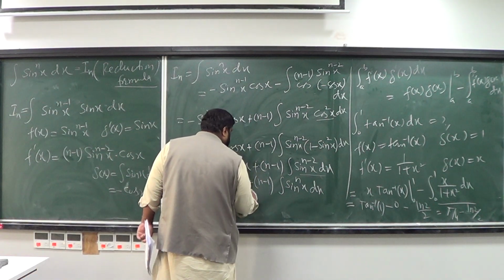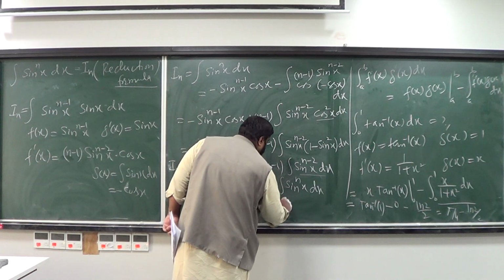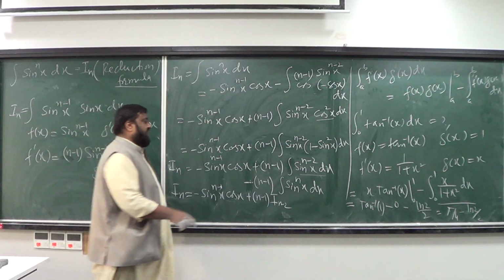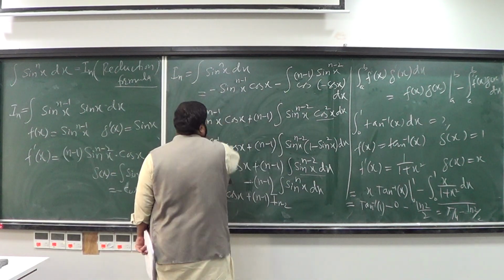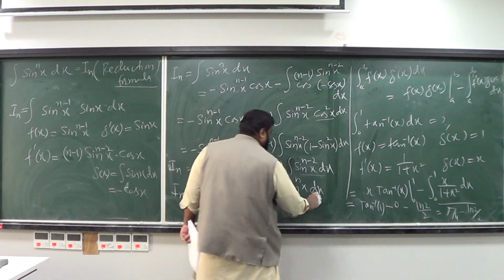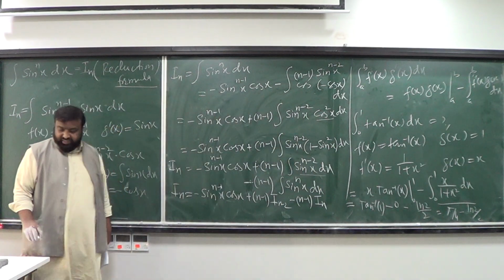I can call this I_(n-2). And what is this? This is again the same expression I_n. So I can say this is (n minus 1) I_n.